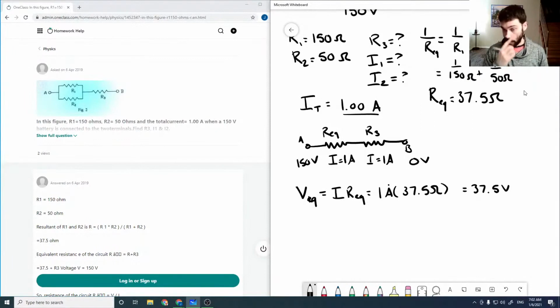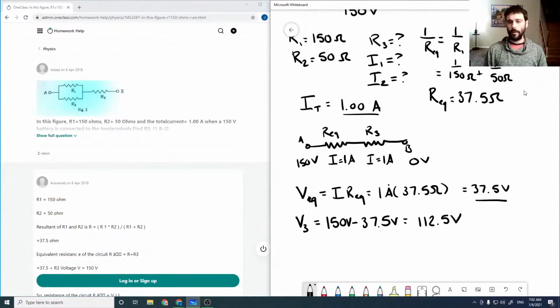And then we know, because we have to drop the full 150 volts, that our voltage drop across R3 has to be 150 minus 37.5 volts, which is 112.5 volts. We know that we've dropped 37.5 across the equivalent, and so therefore the drop across the resistor 3 will have to be this.